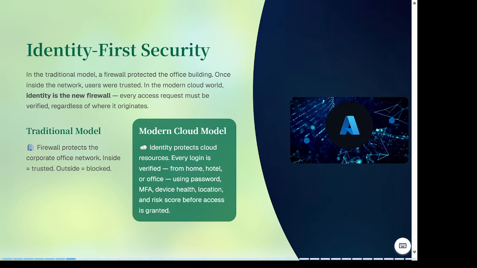If you are outside, you are guilty. In the traditional model, a firewall protected the office building. Once inside the network, users were trusted. In the modern cloud world, identity is the new firewall. Every access request must be verified regardless of where it originates from.